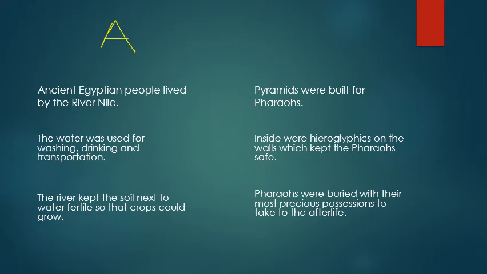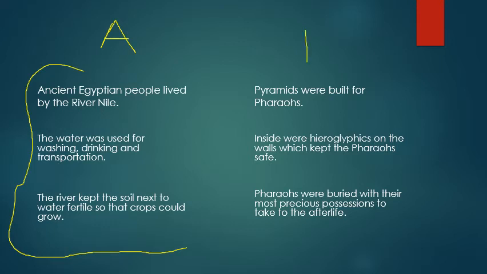The water was used for washing, drinking and transportation, and the river kept the soil next to the water fertile so that crops could grow. All of those statements come together to tell you about ancient Egypt, the River Nile in ancient Egyptian times.